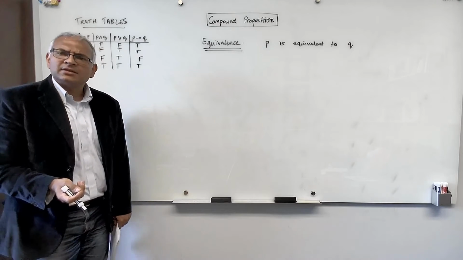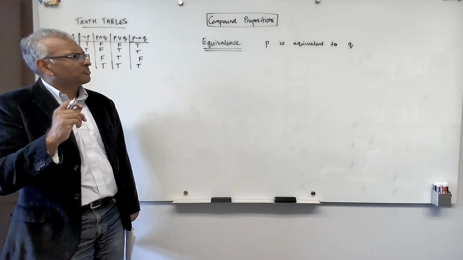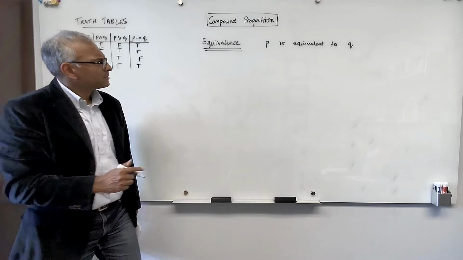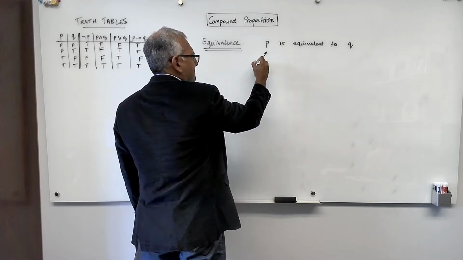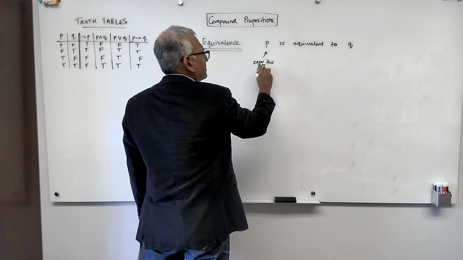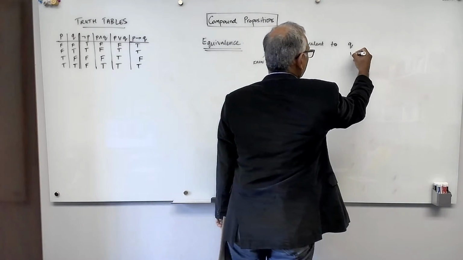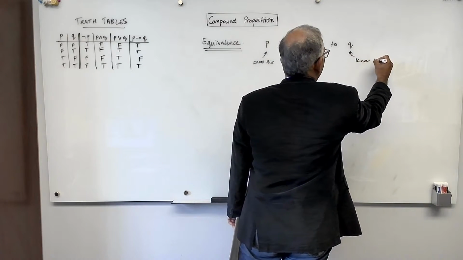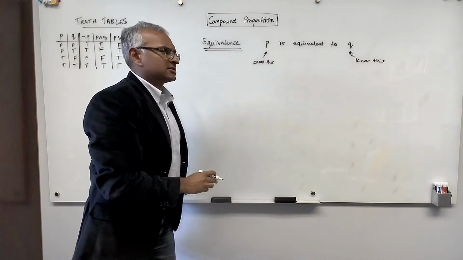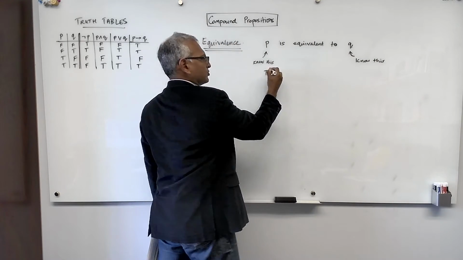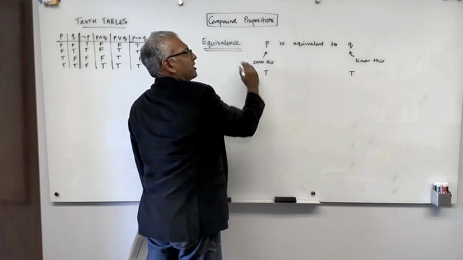What that means is that if you know the truth value of P, then since they're equivalent, you know the truth value of Q. So either they're both true, so if this is true, you know that this is true, or they're both false.